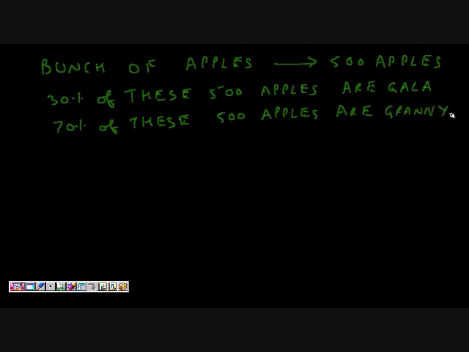Okay, so we're supposed to find out how many of each apples are there. So how many of the apples are Gala and how many of the apples are Granny Smith.